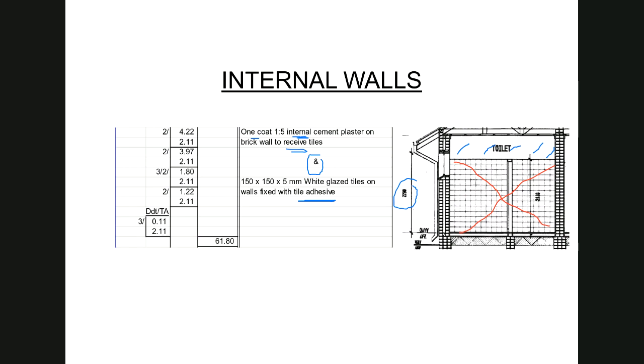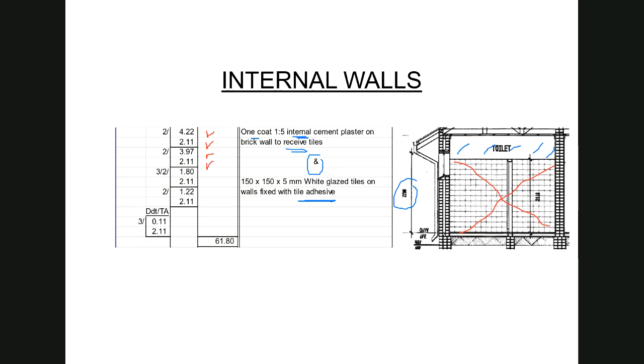As I said in the intro, tiling is not actually part of your curriculum in the first year. But let's now deal with the dimensions. So now I have the internal dimensions, the 4.22 in the one direction, times the height of the tiles times 2 for 2 walls. Then in the other direction, the 3.97 is the internal times the height of the walls times 2.